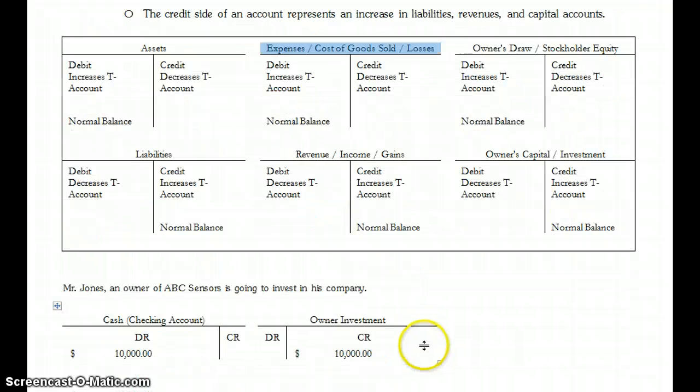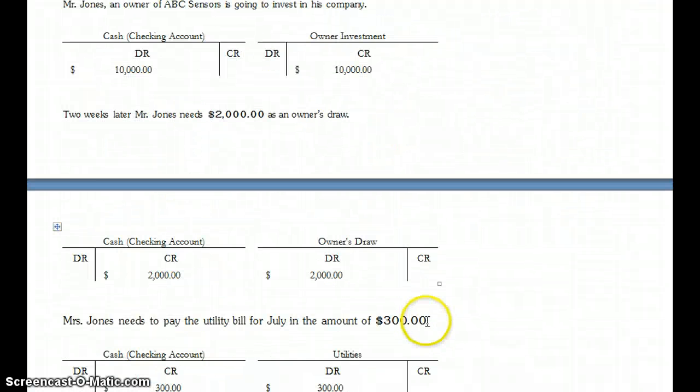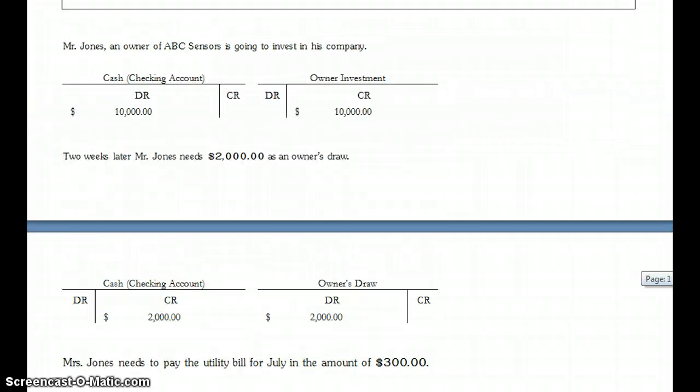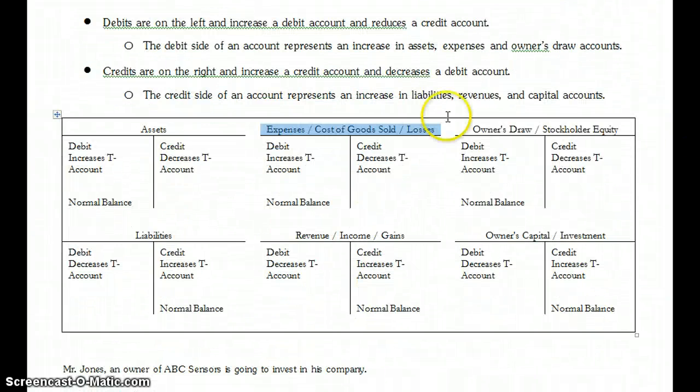The last example that I have is where Mrs. Jones needs to pay the utility bill for July in the amount of $300. Again, we're taking money out of the cash account, so we're decreasing that account. So we're going to credit that account by $300. For this T account, I've named it utility, but it actually is going to fall under the expenses.